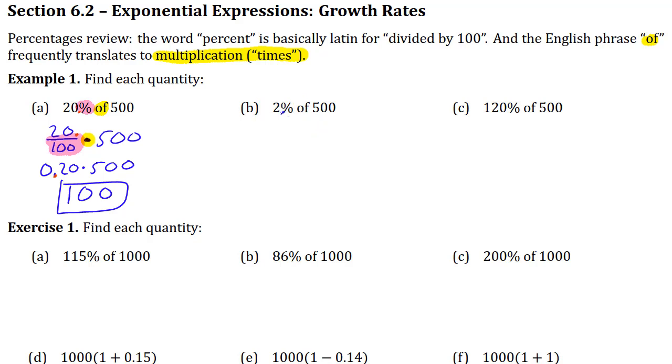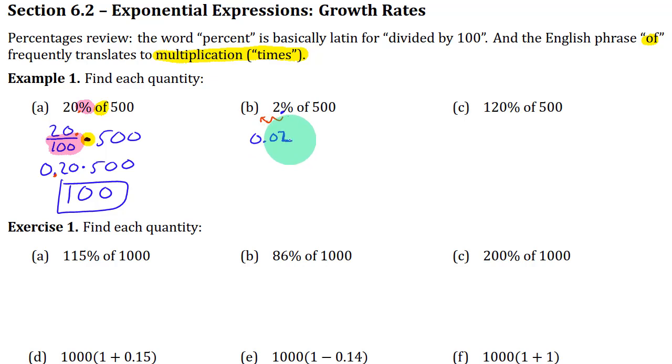To divide 2 by 100, we take that decimal place and move it over 2 spots. So that's going to be 0.02. That's 2 divided by 100 times 500. So 2% is 0.02, and that multiplied by 500 is going to be 10.